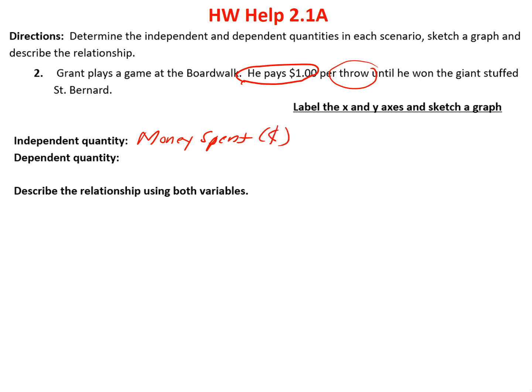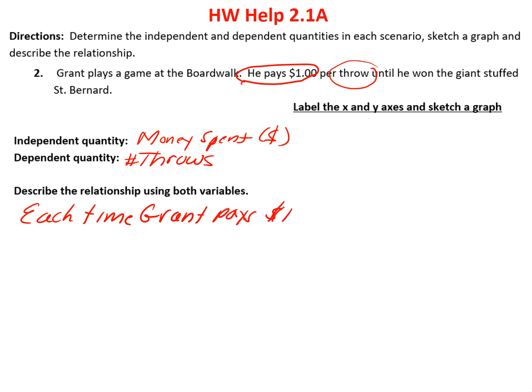So each time he spends, he pays $1. And then the dependent quantity is the number of throws. Notice his throws are dependent upon how much money he spends. So how would we describe this relationship? Well, each time Grant pays $1, he makes a throw.